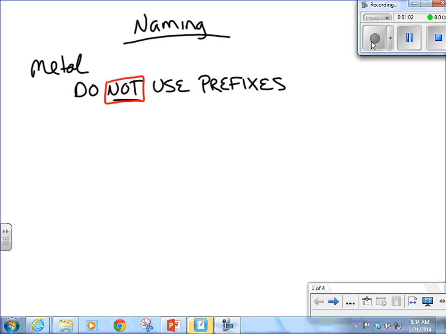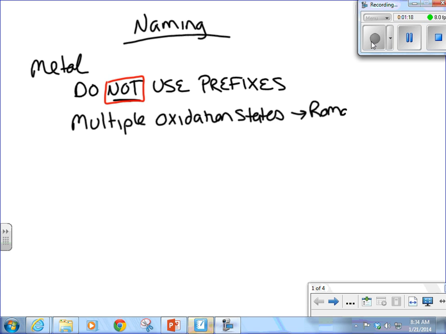Does the metal have multiple oxidation states? If your metal has multiple oxidation states, this is the only time that you use a Roman numeral.